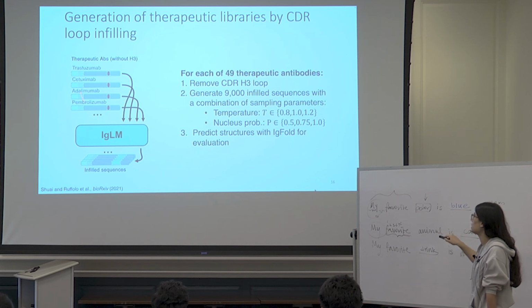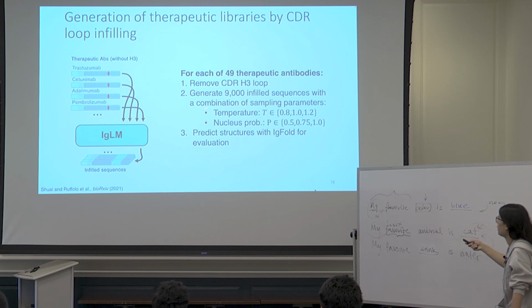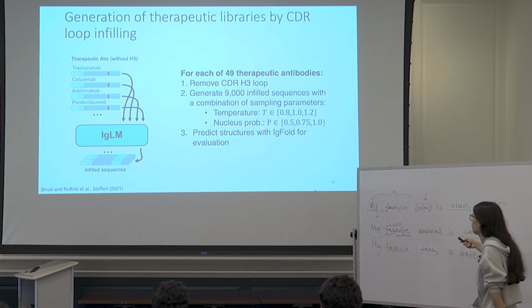So the goal here is, if you remove the CDRH3 loop for each of these different antibodies and then generate a number of sequences using IgLM, based on some sampling strategy shown here, where you're changing the temperature and the nucleus probability, what types of structures can be predicted based on the designed sequences?